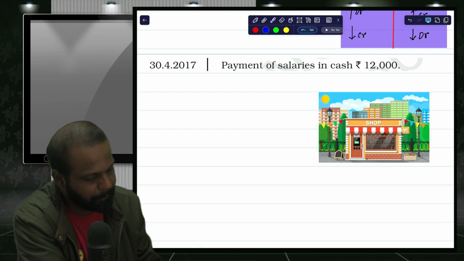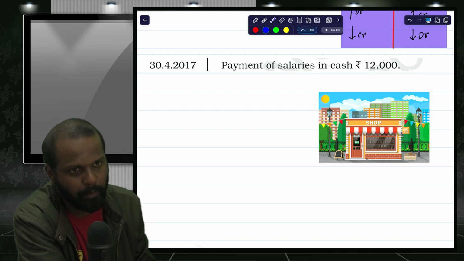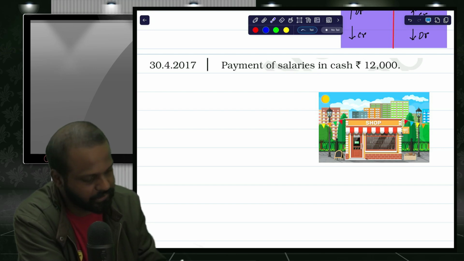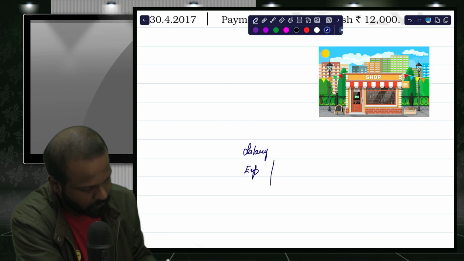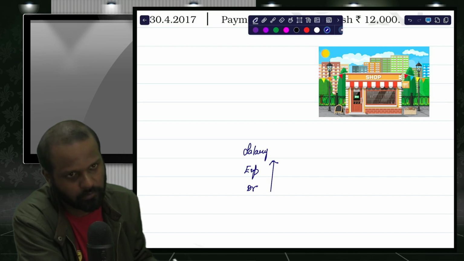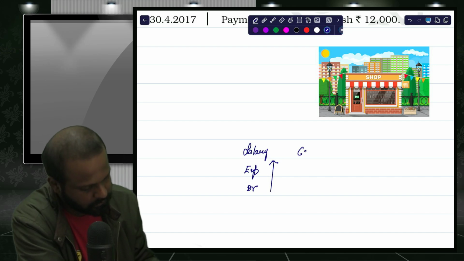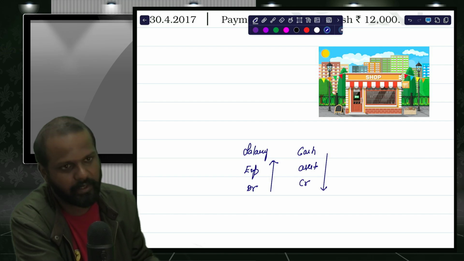Next, payment of salaries. We have paid employee salary. Again, same thing in cash. So first create an expense. Salary is an expense. To increase expense, we do debit. Next, we have paid in cash. Cash is an asset. So when you pay cash, cash decreases, asset decreases, credit.